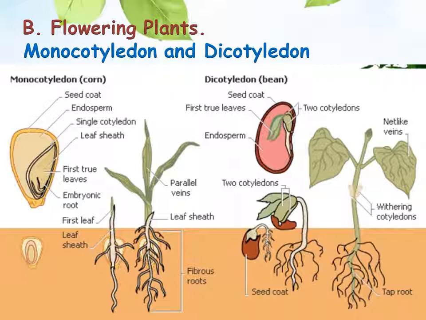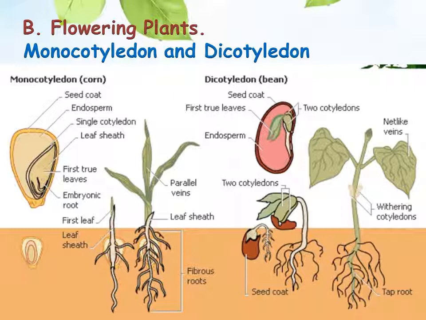And the next, the leaf sheath. First, true leaves. Next is the embryonic root. And then about the roots, look at the roots of the monocotyledon. First, the leaf sheath. Look at how it differs.